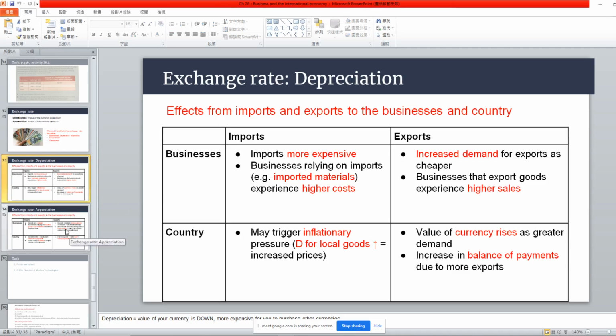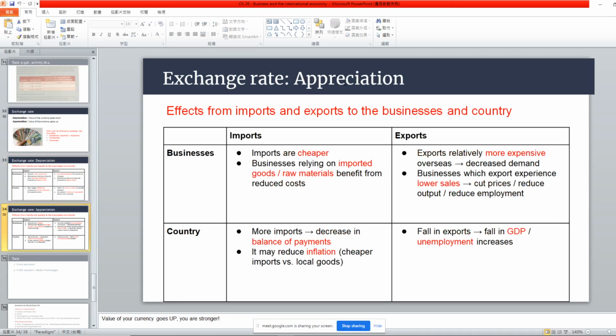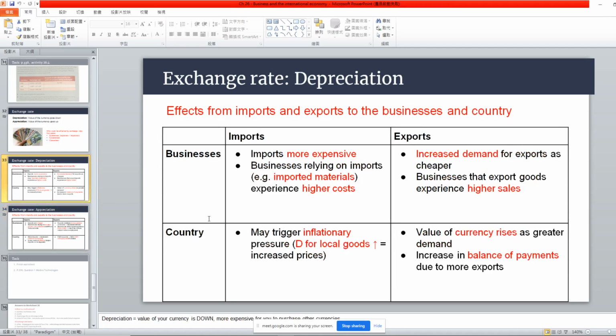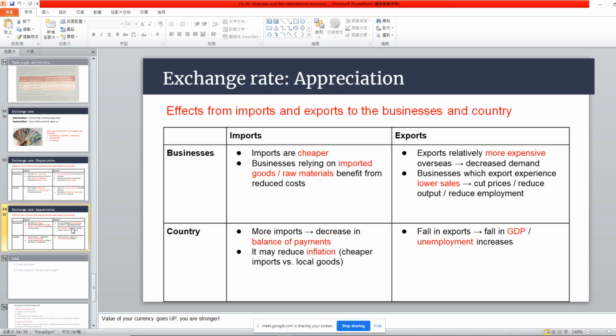And when you look at it from another perspective, that is when you are having appreciation. It's just the opposite. So you just have to learn one side, and then the other side is just the opposite. Take a look at this. When your currency is appreciating, then you will see imports cheaper.